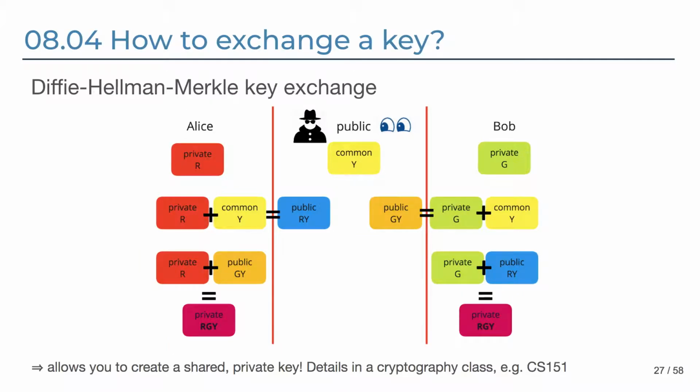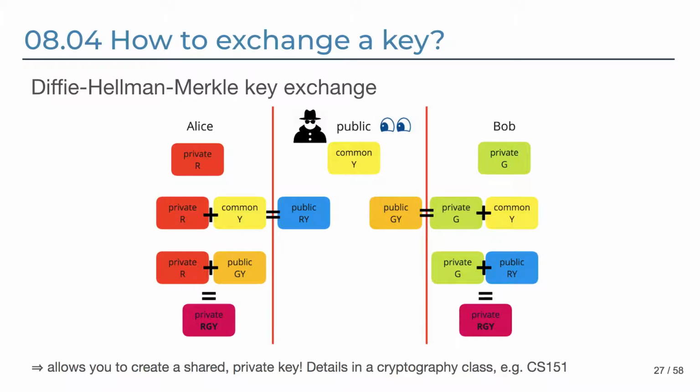Based on that idea, the same people who investigated it, Diffie, Hellman, and Merkle, designed a safe key exchange protocol, famously called the Diffie-Hellman-Merkle key exchange protocol. How it works is that we again have private and public keys, and here it's illustrated using colors.